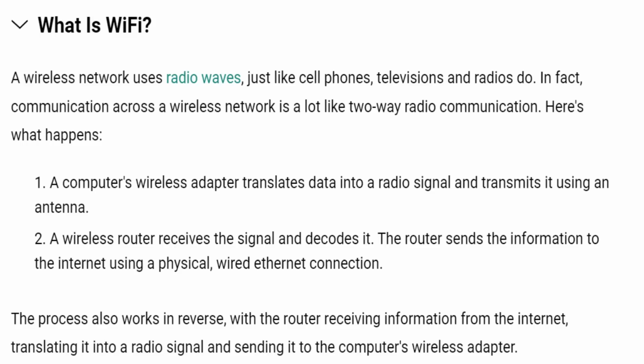Number 2, a wireless router receives the signal and decodes it. The router sends the information to the internet using a physical wired Ethernet connection. The process also works in reverse, with the router receiving information from the internet, translating it into a radio signal and sending it into the computer's wireless adapter.